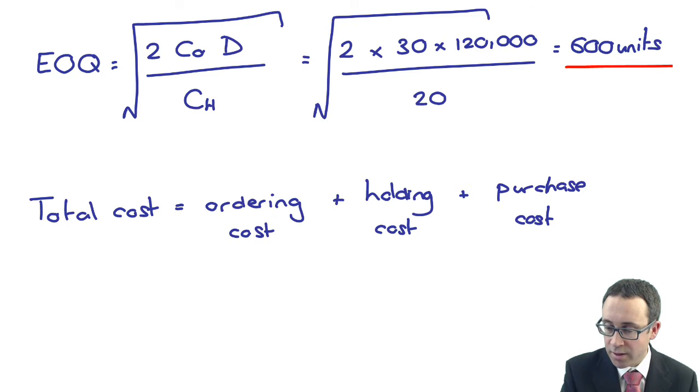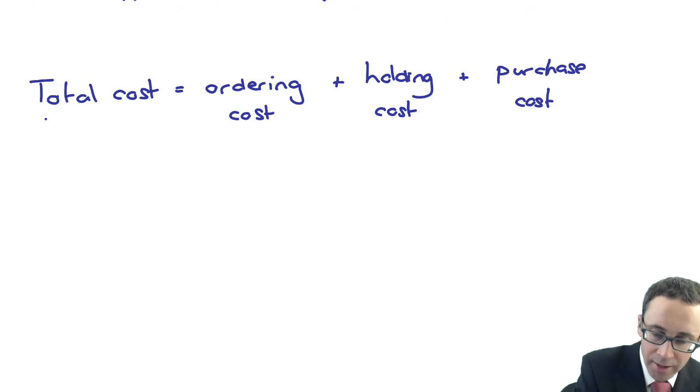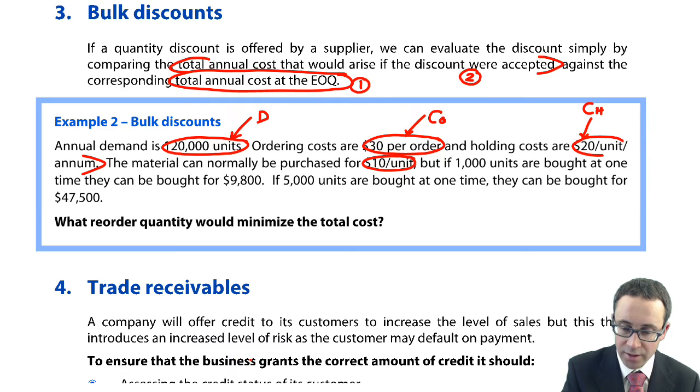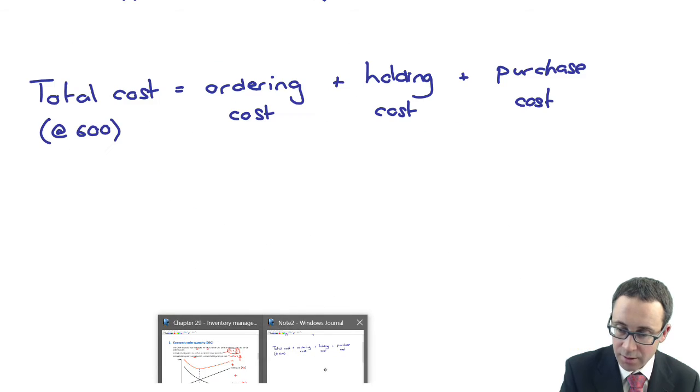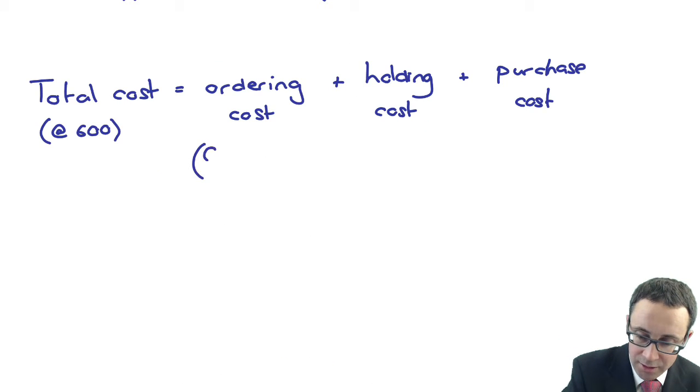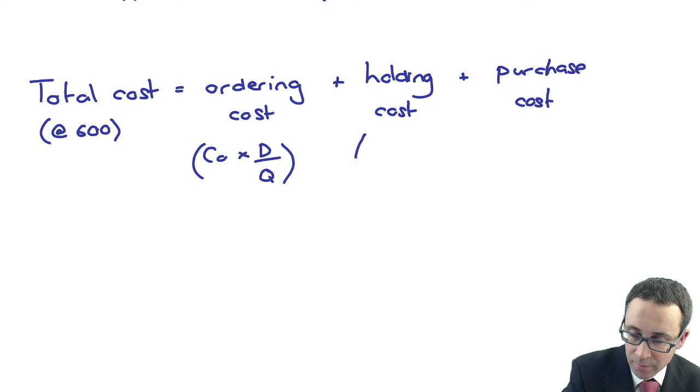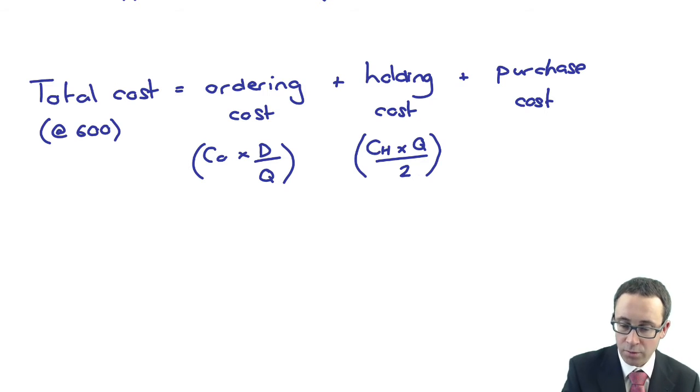Now remember, we're going to work out those figures based upon our economic order quantity, which is 600 units. Your annual ordering cost is your ordering cost multiplied by the demand over the quantity, so that's Co multiplied by D over Q. The holding cost was Ch multiplied by the quantity over 2.